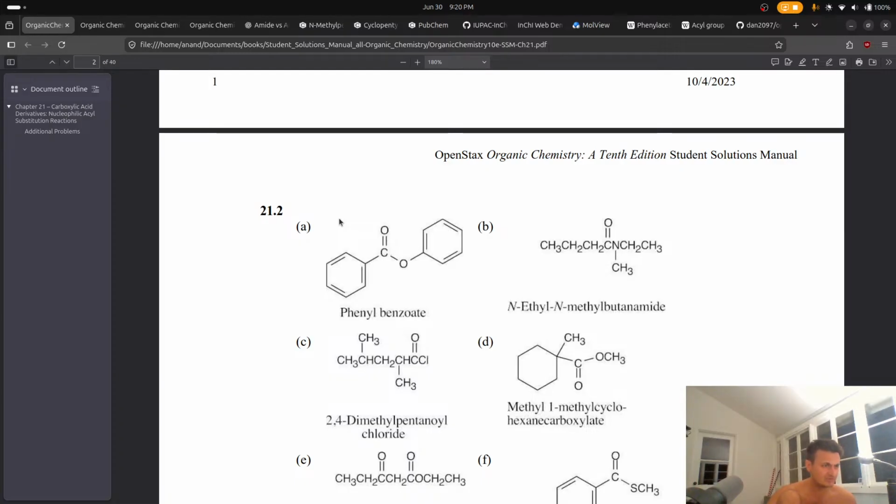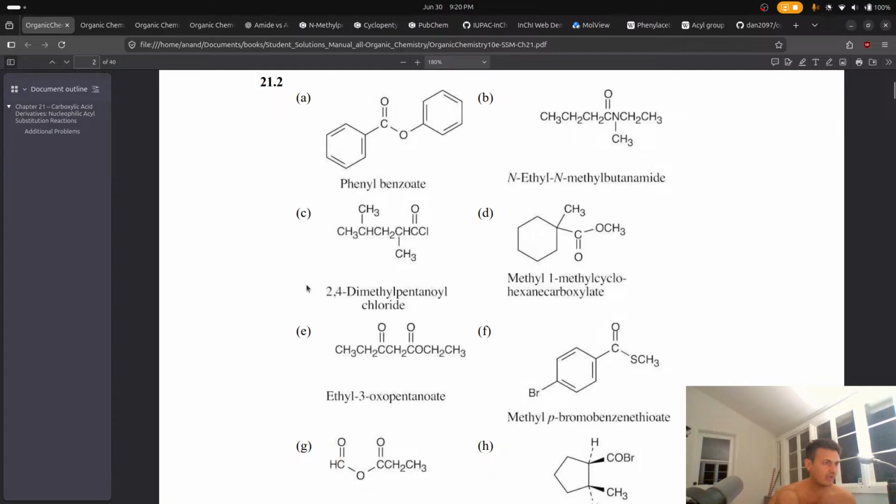Methyl 1-methyl cyclohexane carboxylate, yes. Okay, good. Ethyl 3-oxopentanoate. Yeah, that's right. And then F, this one's going. Oh, good. I got this one right. I'm happy about that.